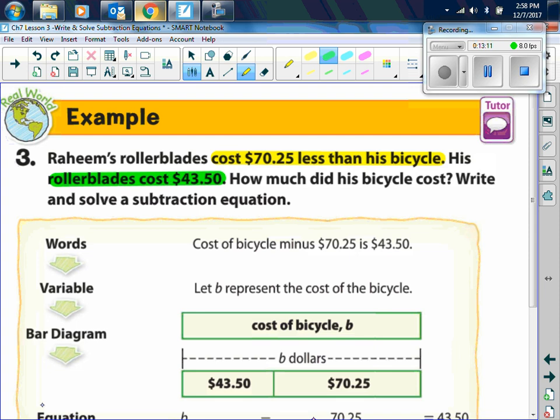We want to know how much did the bicycle cost. So, what is our variable? What is it that we don't know? We don't know the cost of the bicycle, so B will represent the cost of the bicycle. Got it?